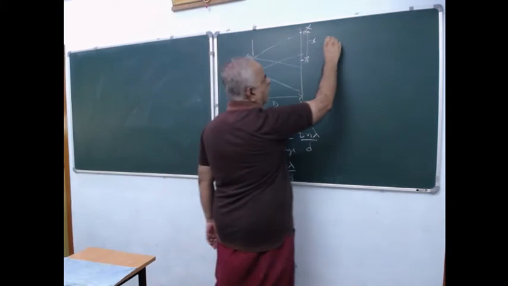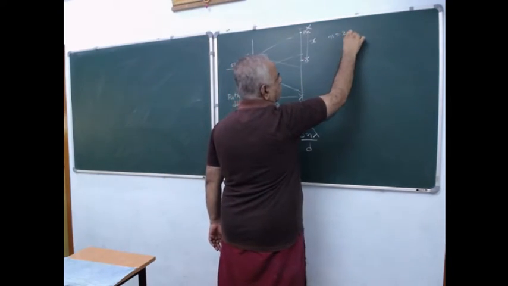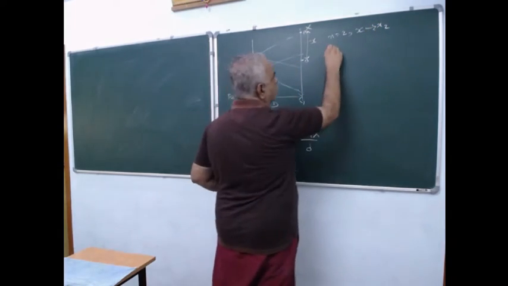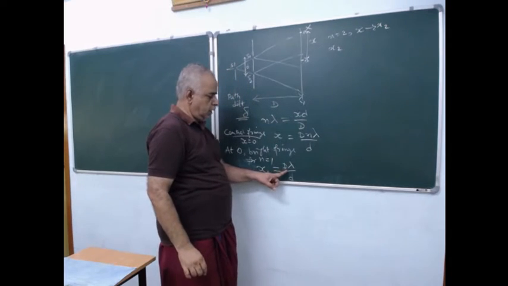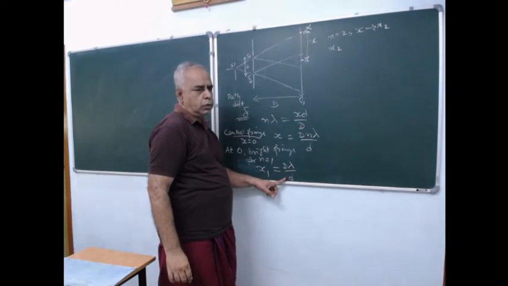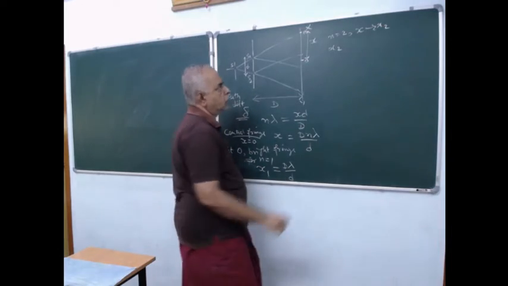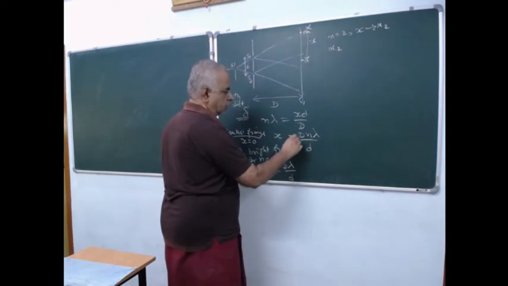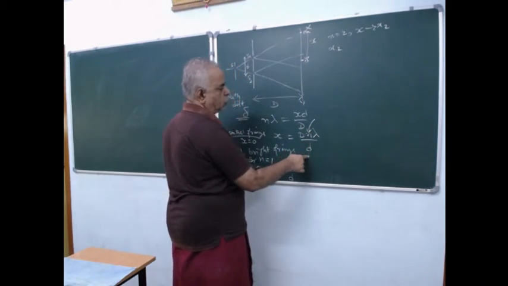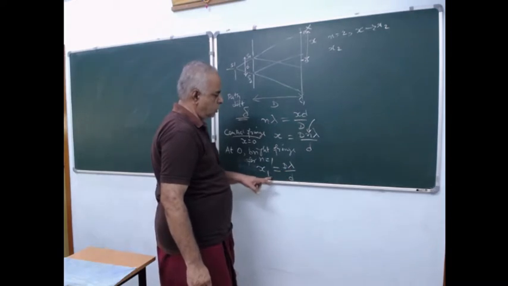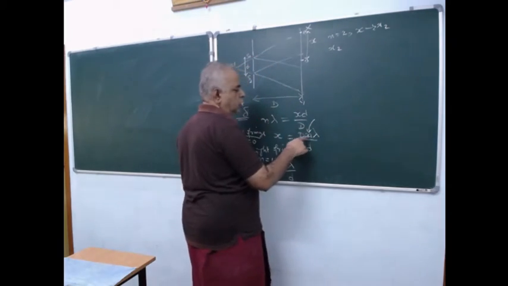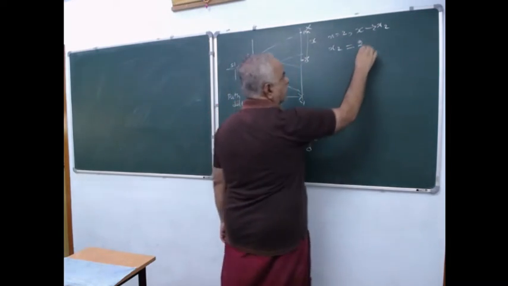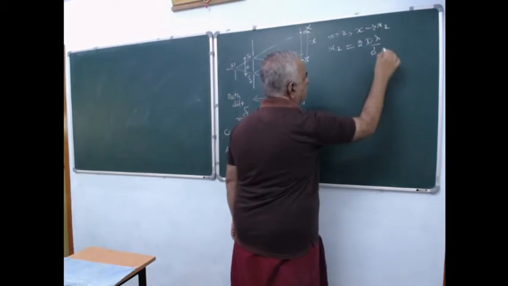Let me put n is equal to 2. So x becomes x2. Therefore, x2 is equal to 2 D lambda by d, is it not? Because n is equal to 2, you can replace this n by 2. Previously it was 1, now it is 2.